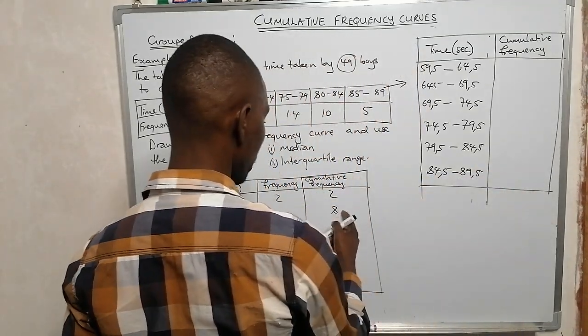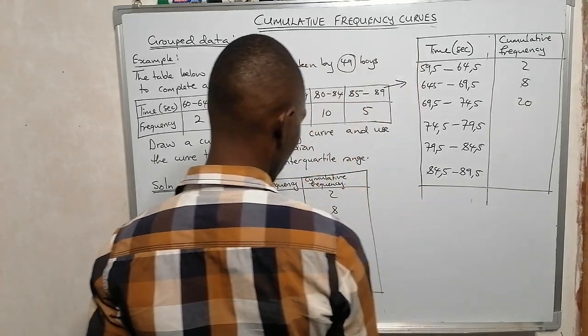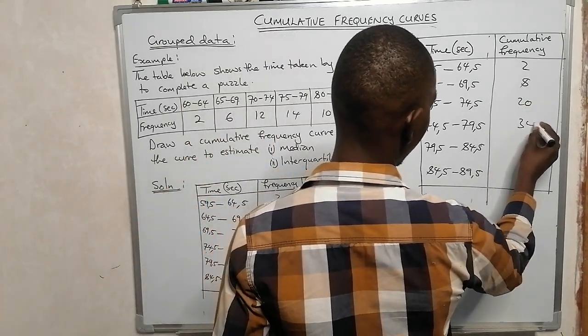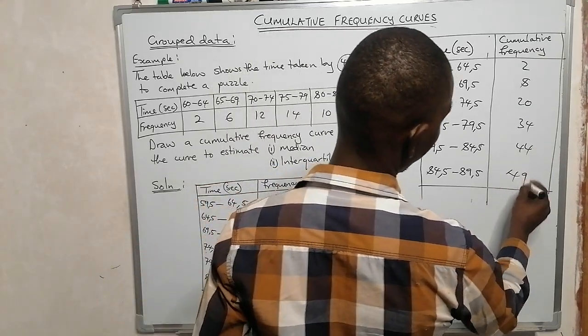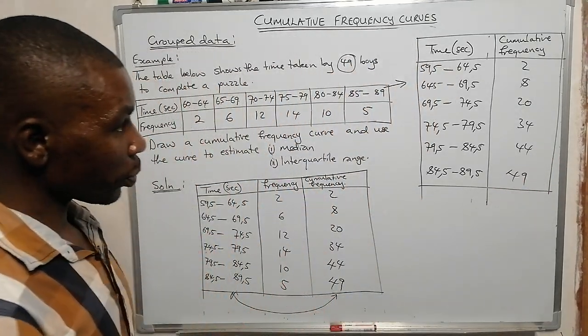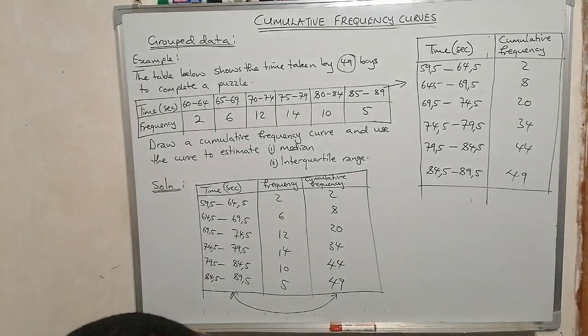Cumulative frequencies 2, 8, 20, 34, 44, and 49. Now we want to plot a cumulative frequency curve from this data.